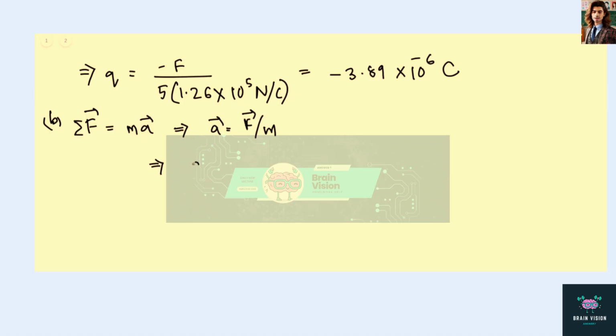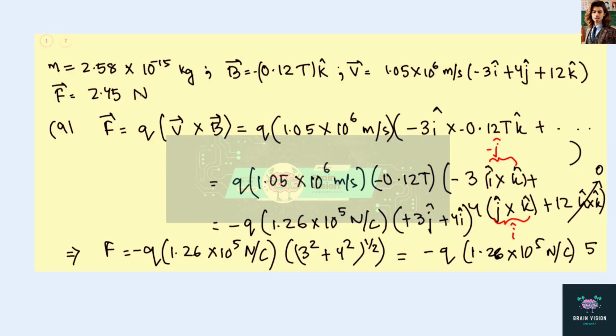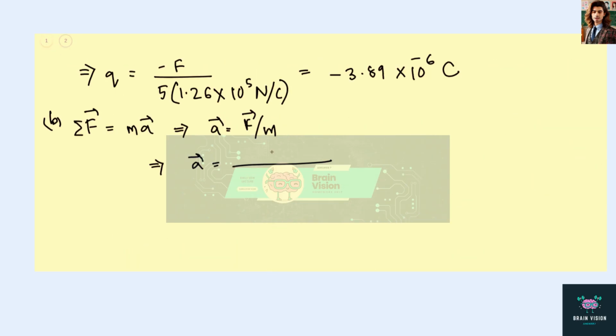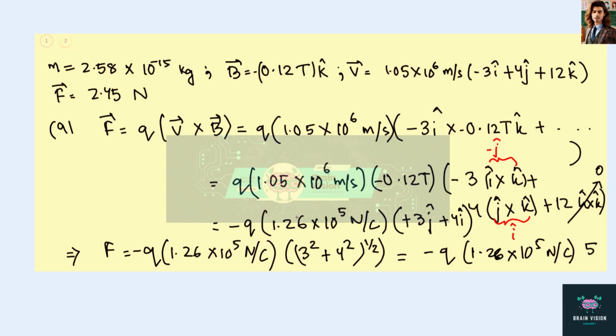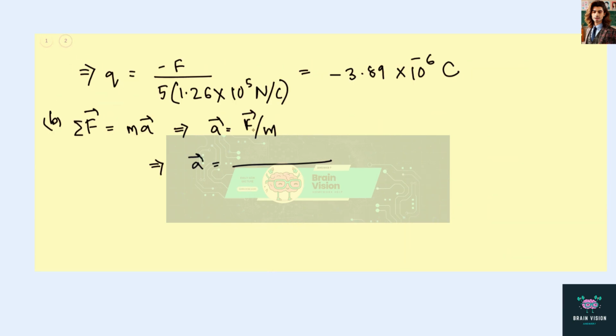And from here we can write the a vector equal to the force that we found here, so that is equal to Q times this value, and we have already calculated the value of Q.